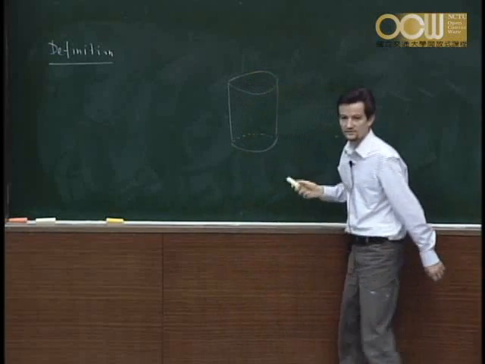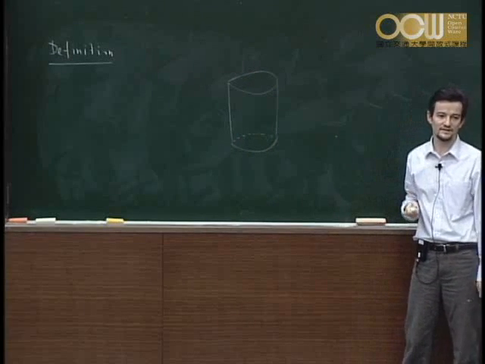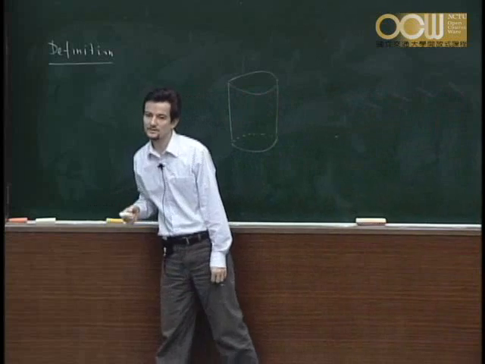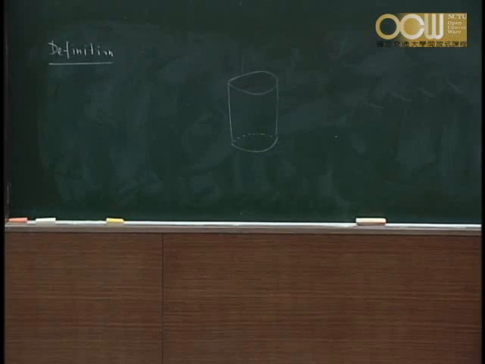Okay, so this is indeed a cylinder, but a very specific cylinder, a so-called circular cylinder. Now, in more general terms, how do we define a cylinder in mathematics?